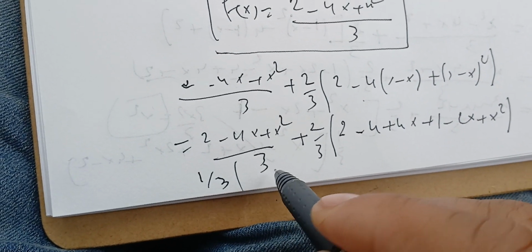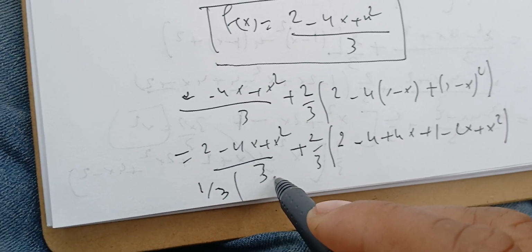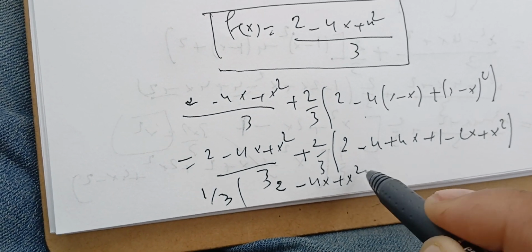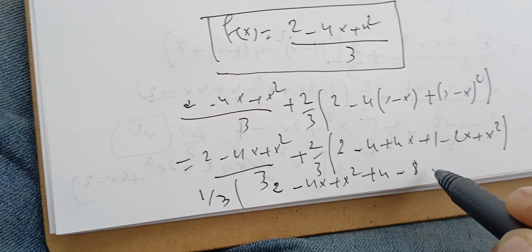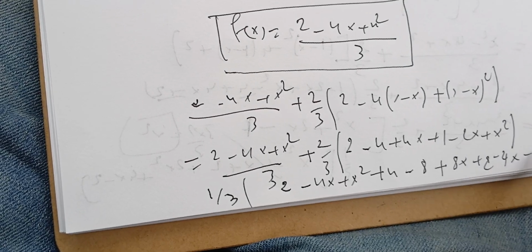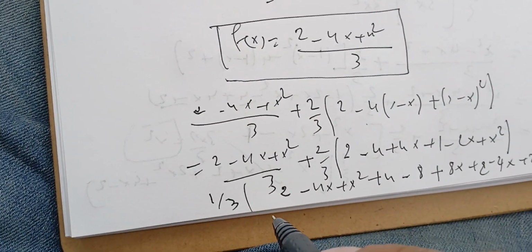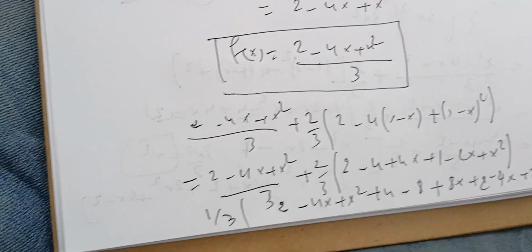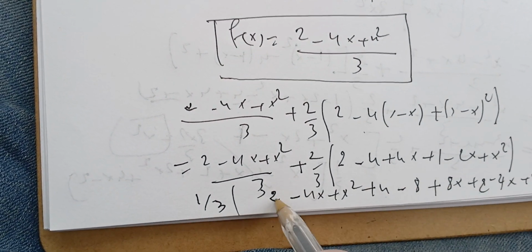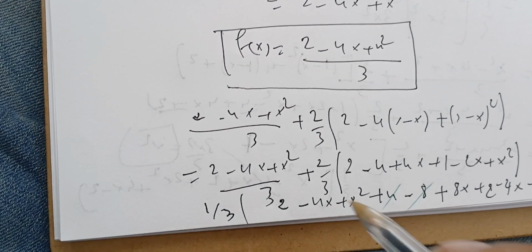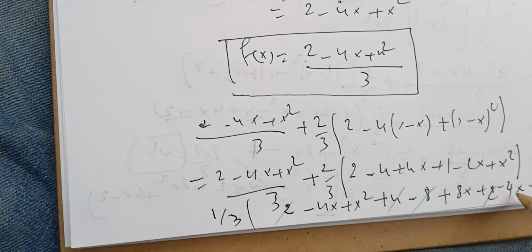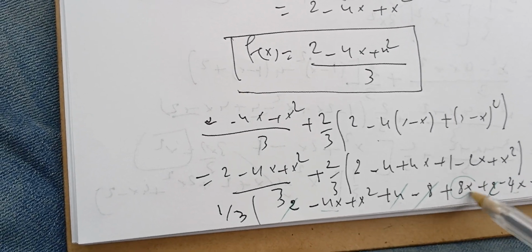So we have 2 minus 4x plus x squared plus 4 minus 8 plus 8x plus 2 minus 4x plus 2x squared. Let's see what we get. Basically, we're going to eliminate some numbers. So we have the 2 plus 4 plus 2 is 8 with the minus 8. This one is going to go. Then we have minus 4x with the minus 4x is 8x, which goes with this 8x.